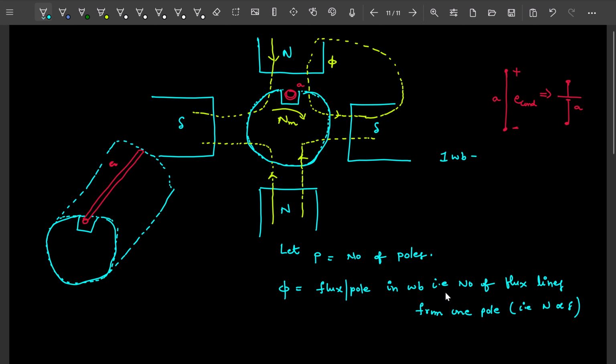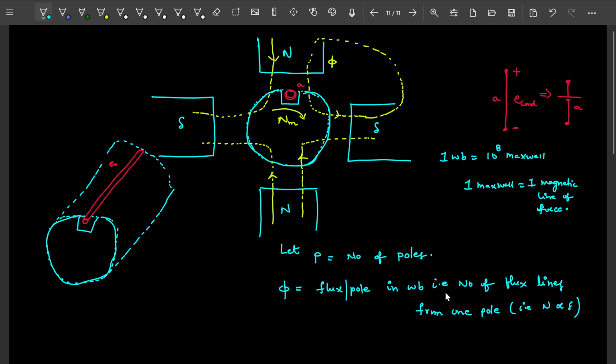Because 1 Weber is equal to 10 power 8 Maxwell, and 1 Maxwell is equal to 1 magnetic line of force.